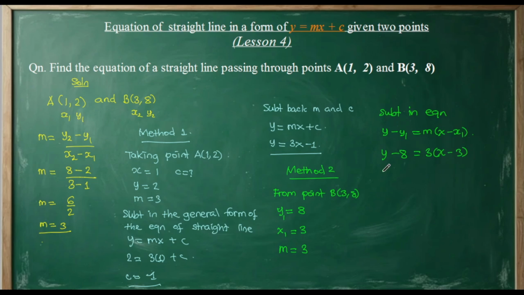Then we open up the bracket, where we first maintain the left hand side, so 3 times x we get 3x, and then 3 times negative 3 we get negative 9. Then we collect like terms, so we have 3x minus 9 plus 8, where our right hand side simplifies to negative 1.